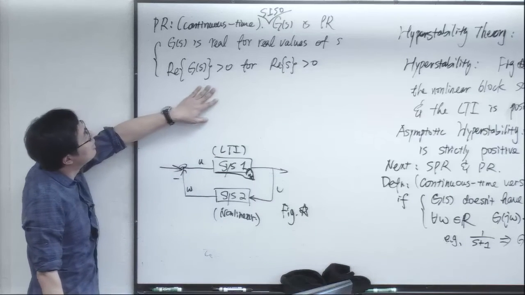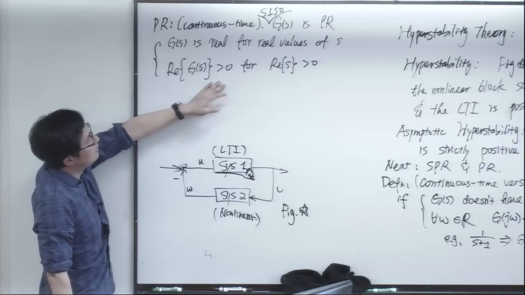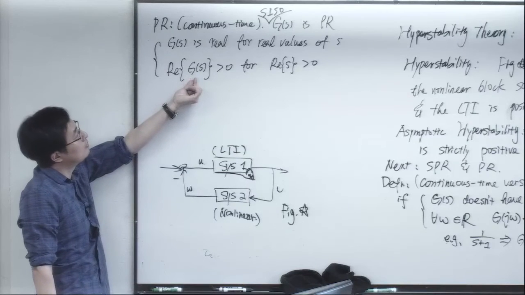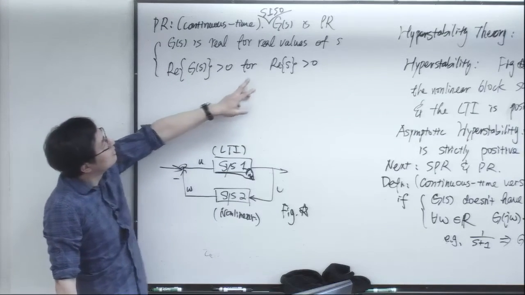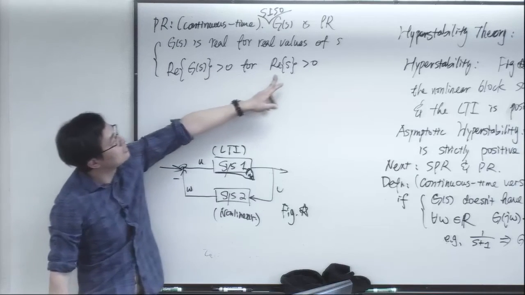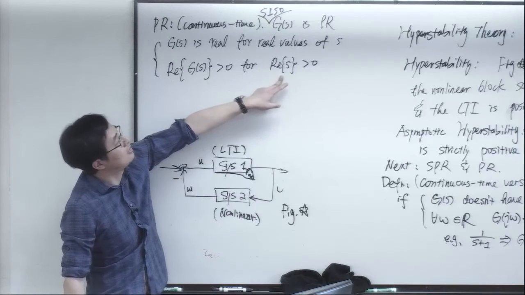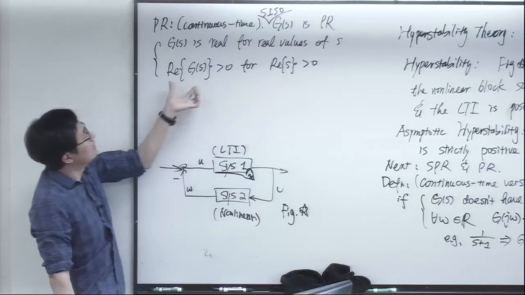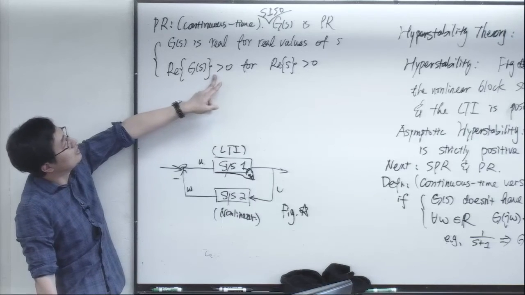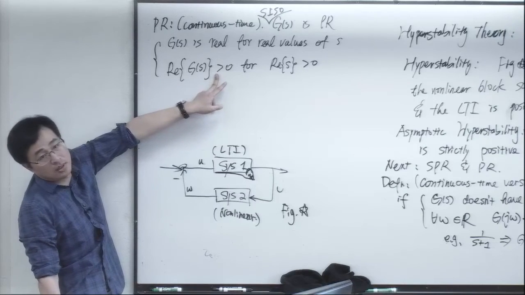if you evaluate this complex function, if s is strictly on the right half plane, then the real part of this complex number is guaranteed to be strictly on the right half plane.